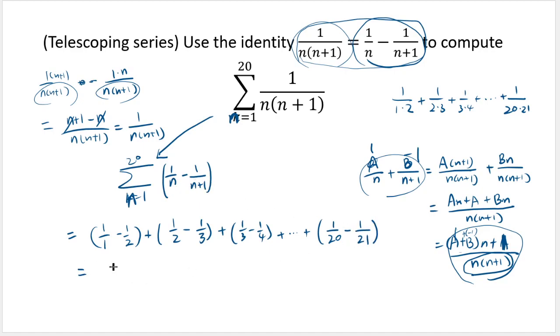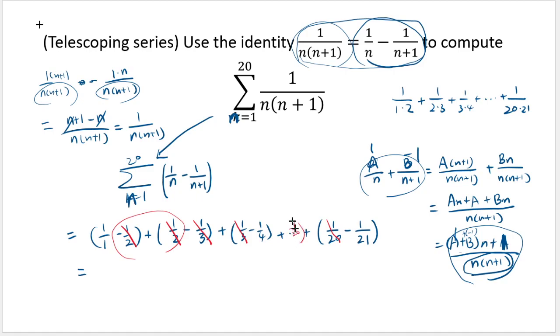And then if you look at this, now you see that there are some cancellations. You see a negative 1/2 and a positive 1/2. This negative 1/3 will cancel the positive 1/3. And do you see this pattern? The second item in the previous one deletes the first one in the next one. So in here, this one will be deleted by the one that's preceding, which is 1 over 20.